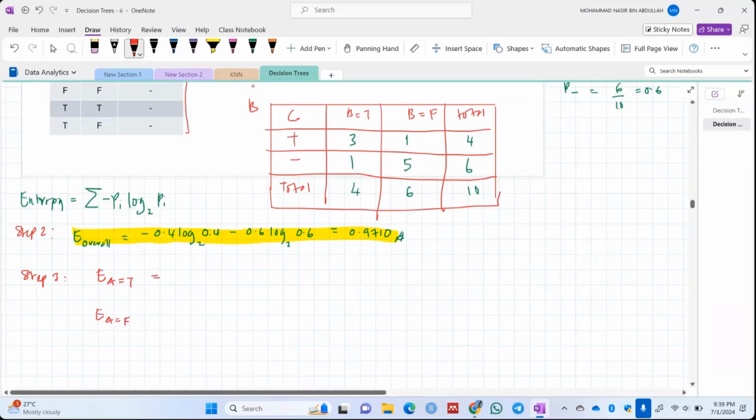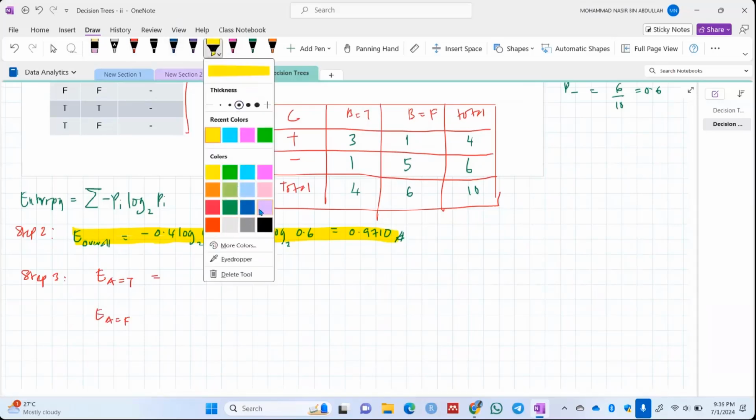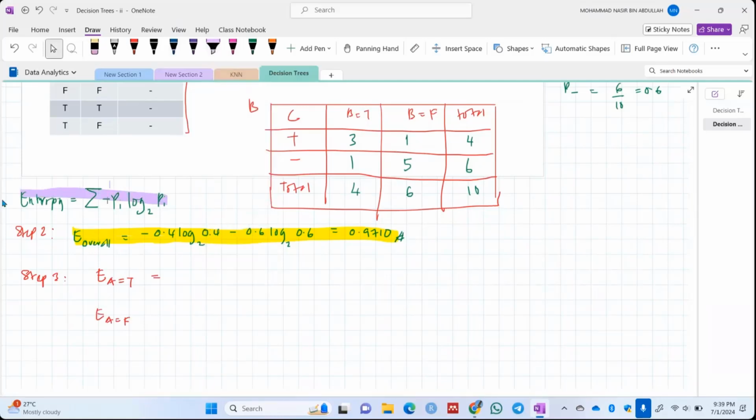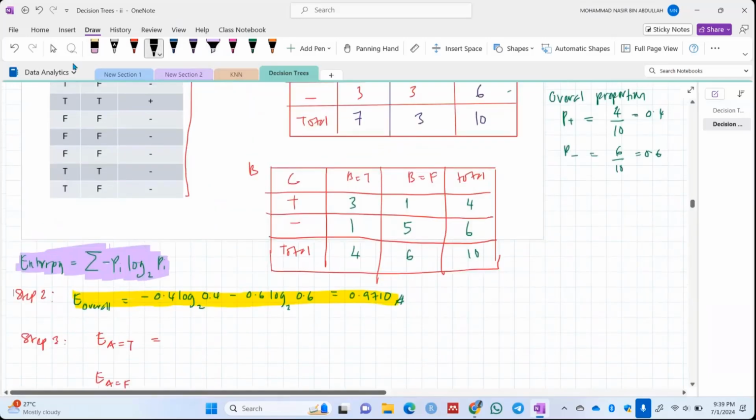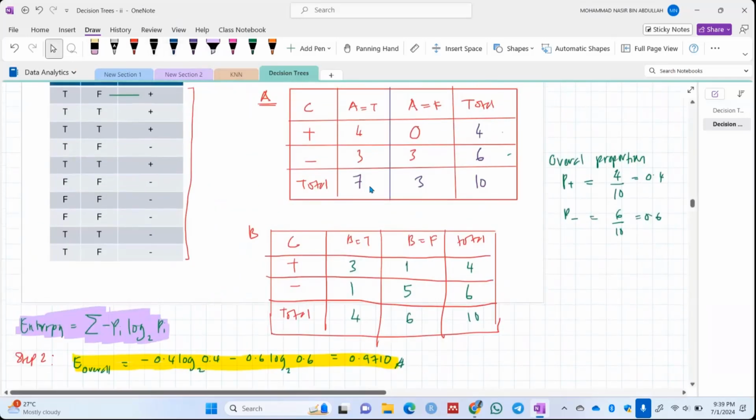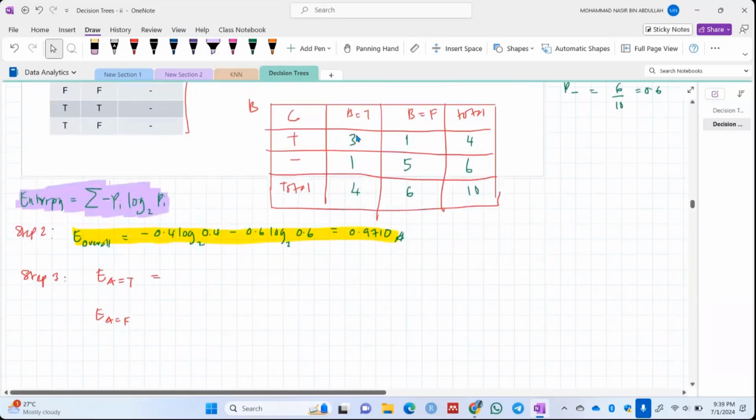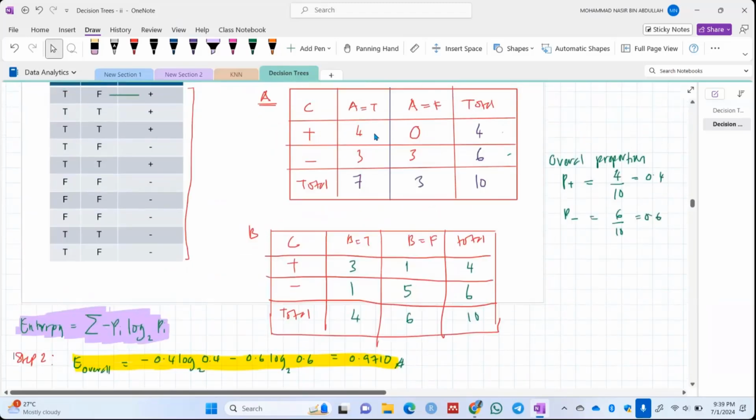So A equal to true, same process, same formula. When A equal to true, we have 7 observations, right? So 4 positive, 3 negative.